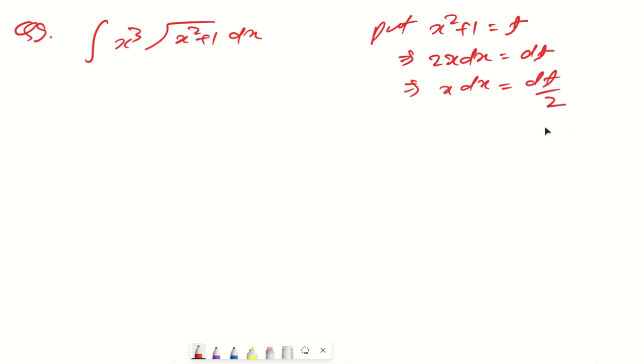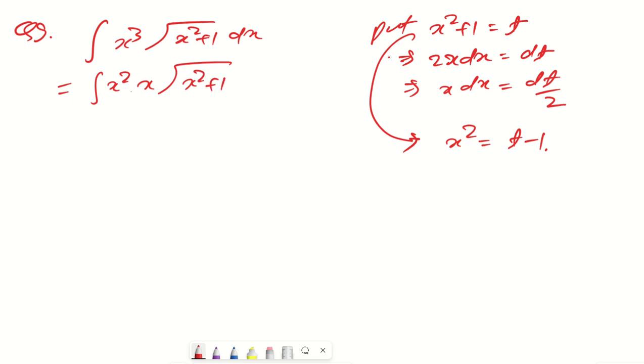Now what is the problem that we are going to face? We will be left with one more extra x square term, right? So can we find the x square value from there? Yes, we can: x square is equal to t minus 1. So now my integration is x square into x times the square root of x square plus 1 dx.